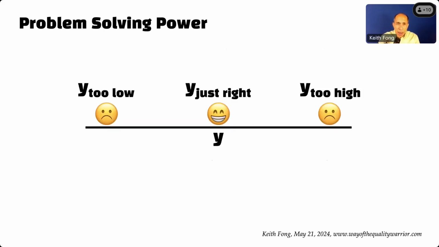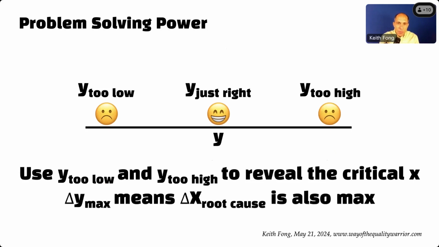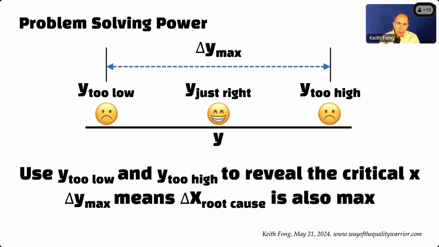So problem solving power is important. We need to get as much power to solve this problem as we can. And the way we're going to do that is using the Y too low and the Y too high to help reveal this root cause, this critical X. The important thing here is, remember, y is a function of x's. And the difference between the Y too low and the Y too high is delta Y max.